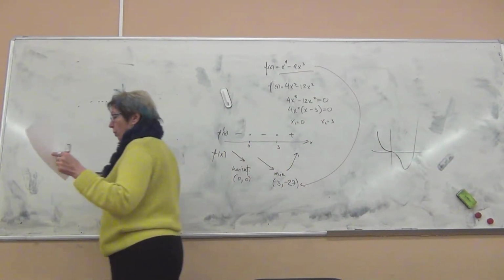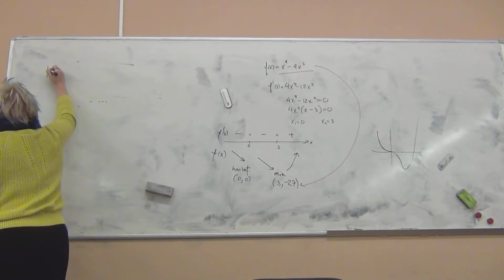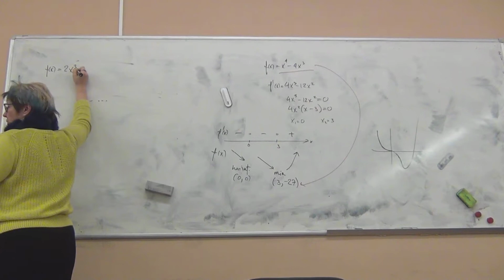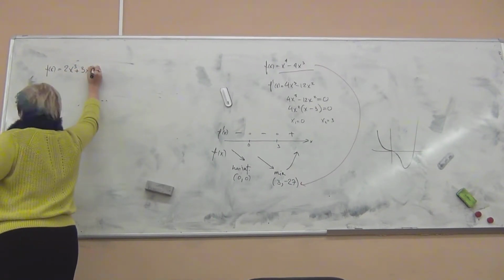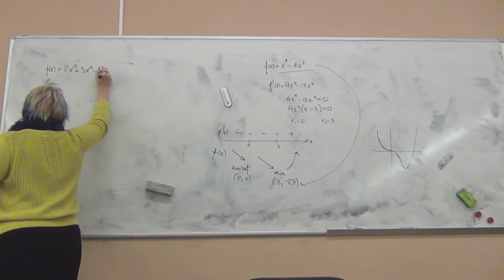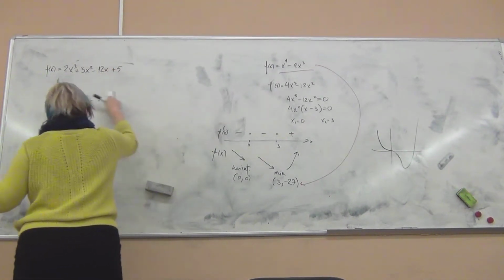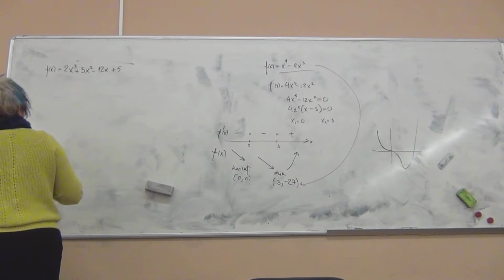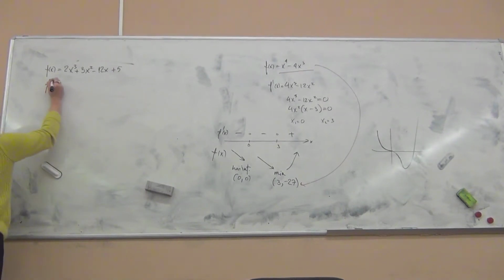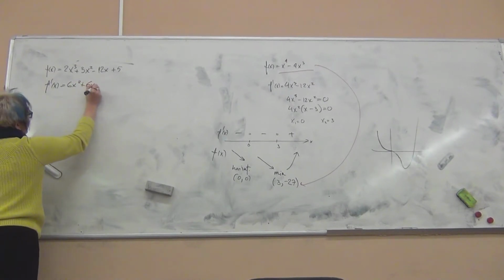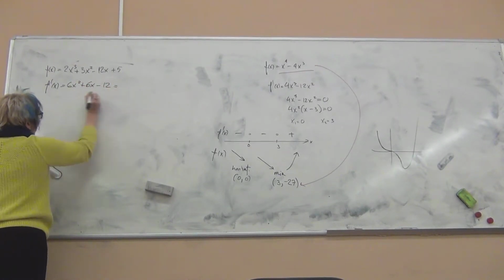And another one, a cubic function, 2x cubed plus 3x squared minus 12x plus 5. So the derivative is 6x squared plus 6x minus 12. I can factorize.